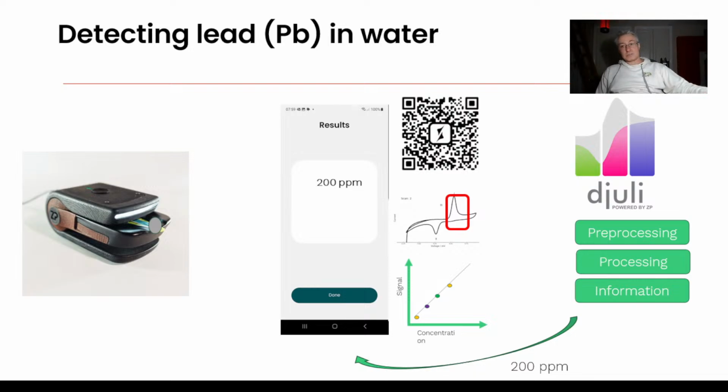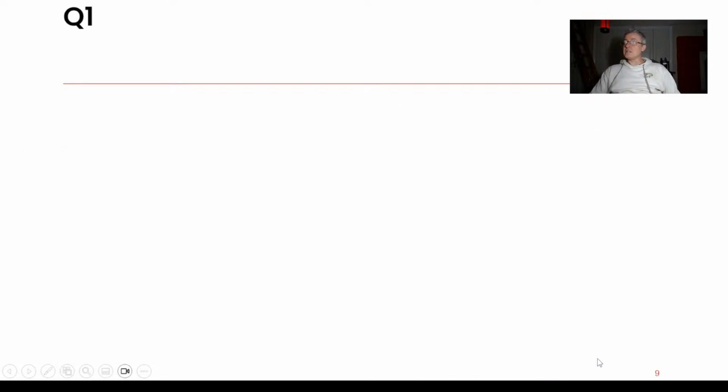Because we're using a smartphone, we essentially have GPS. So we have time, date, who did it, GPS, and the result itself, and that can all be pulled across by API. So it's really good for mapping onto a Google Maps type thing as well. You get a result on the phone, but we get all the results saved in the cloud, and that's really important for traceability later on.